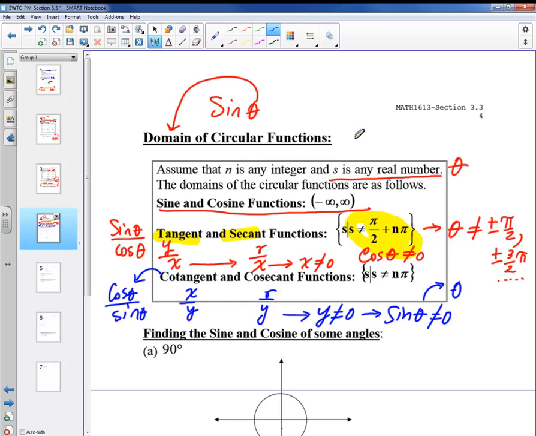And so the angle cannot be equal to 0, or positive and negative pi, or positive and negative 2 pi, and so on. And that is for cotangent and cosecant. Let me highlight that for you. Okay.